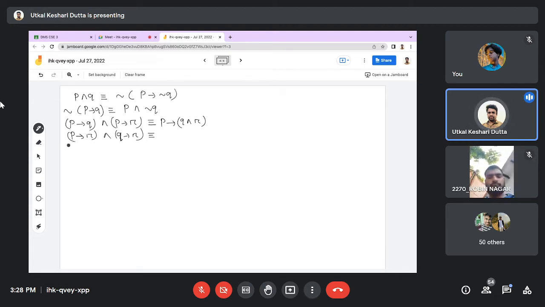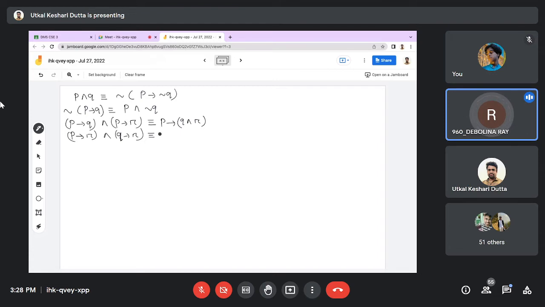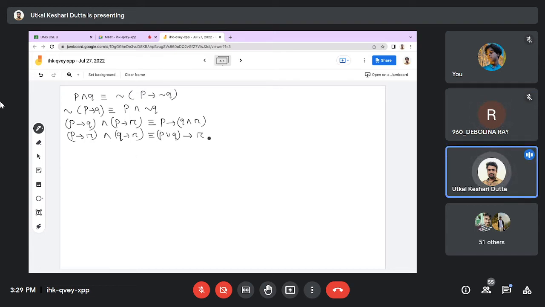Sir, P and Q conditional R? Now see, if P then R, if Q then R, so conditional to R will be there. It may be P, it may be Q, not P and Q. P and Q means both will be there. It may be P, it may be Q, that is P disjunction Q. That means if P, then R, and if Q, then also R.